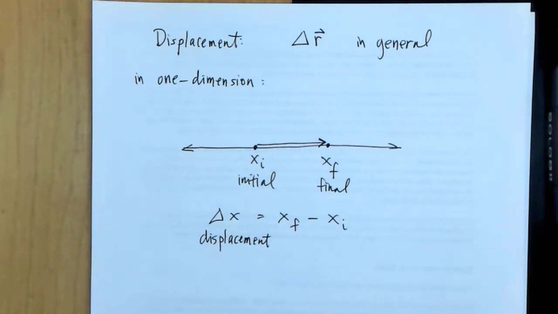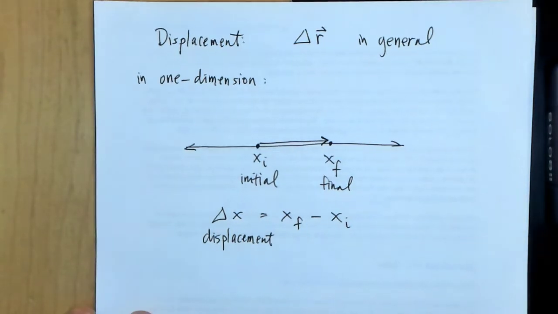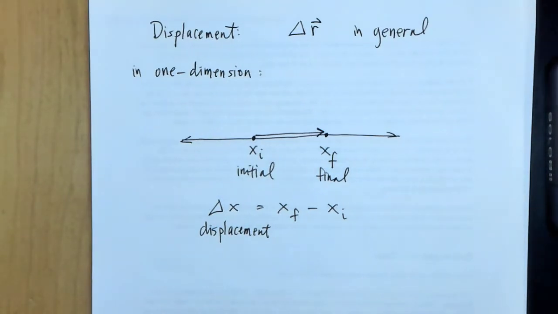Now, as I said, a vector is something with magnitude and direction. However, if something's along one dimension, the direction can only be in one of two directions. It can either be positive or it can be negative. Okay? So in the case of one-dimensional motion, we don't really need the full machinery of vectors. We can just simply say whether the direction is positive or negative.